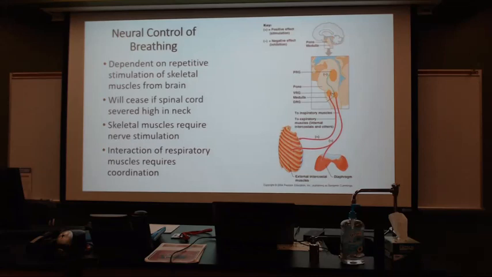Skeletal muscles, if you remember, are innervated, and therefore they receive a nerve impulse. Because we're on a reverberating circuit, we're picking up that impulse to contract and relax, inhale and exhale.